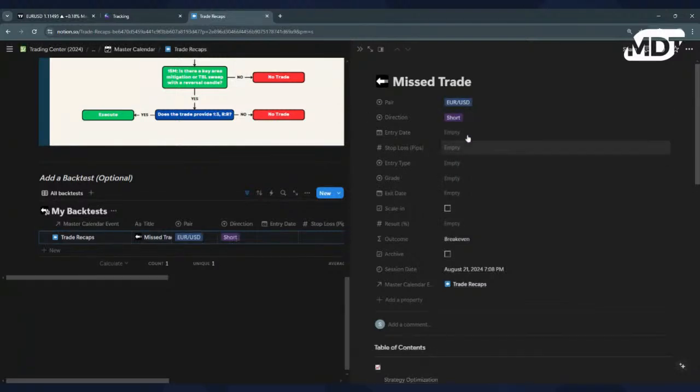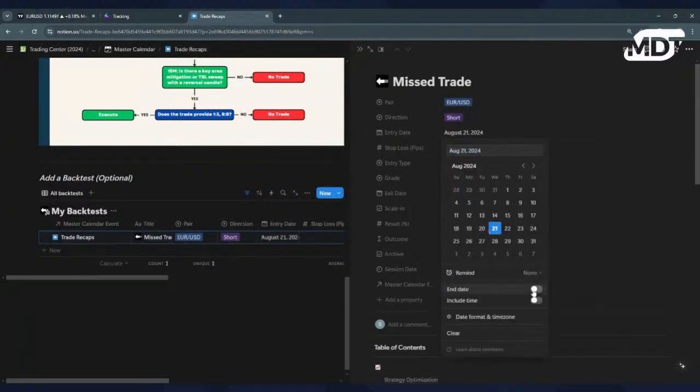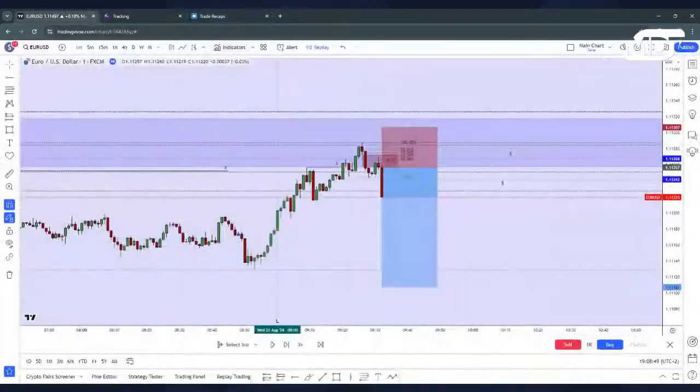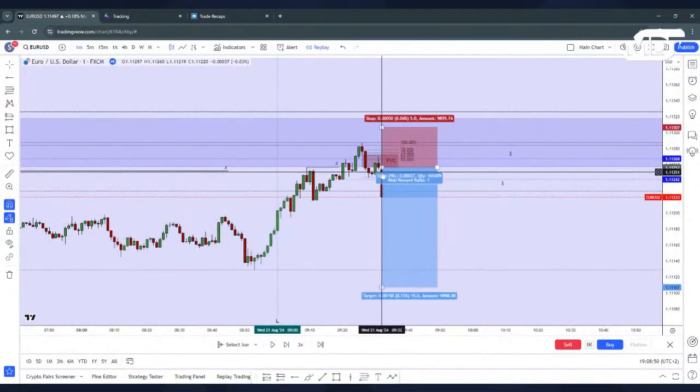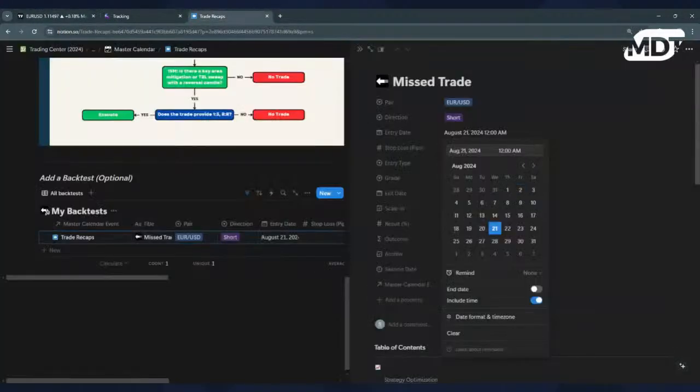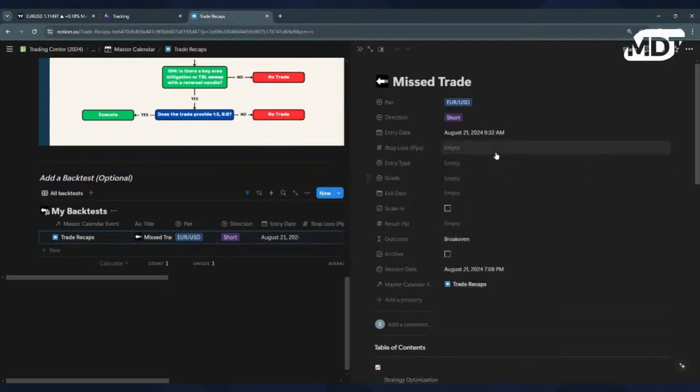EURUSD short was today. Time was at 9:32. Stop loss 5 pips. Entry type.